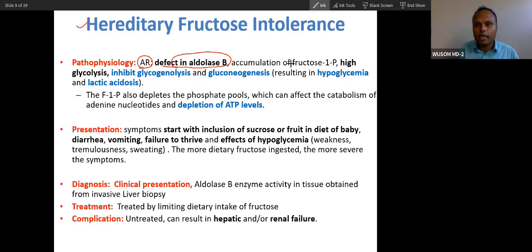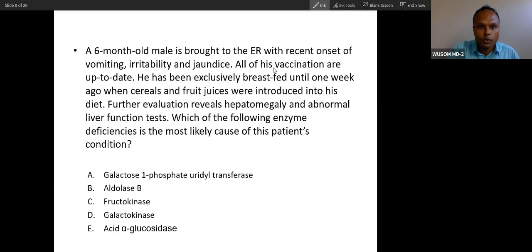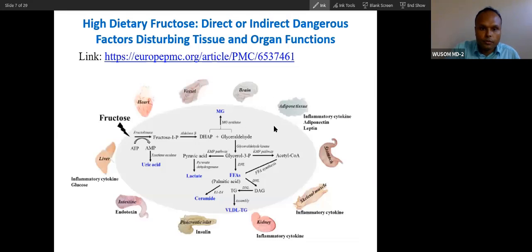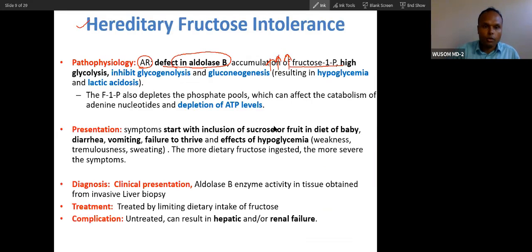Because of that, there will be high fructose 1-phosphate in the body. You can see high fructose 1-phosphate if this is absent. If this is absent, there will not be further metabolism of fructose 1-phosphate. But fructose is converting into fructose 1-phosphate because of fructokinase, and fructose 1-phosphate is not able to be metabolized further.